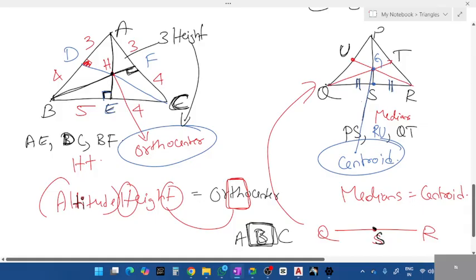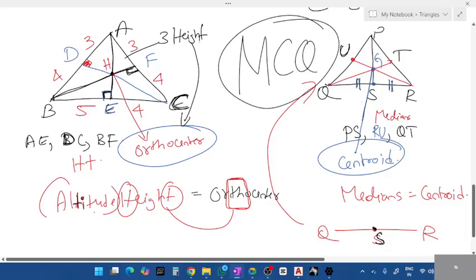You can also call it center, right? So median equals centroid. Remember the word center. S is sitting in the center. It's actually in between, but you remember it like center. So median equals centroid. Height or altitude equals orthocenter. They'll ask it as an MCQ question.